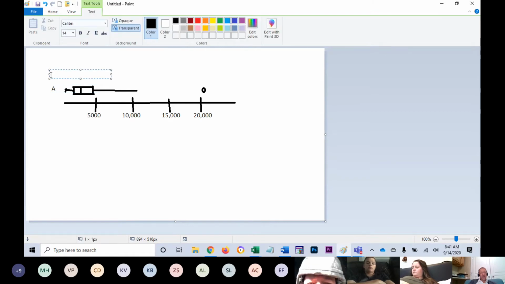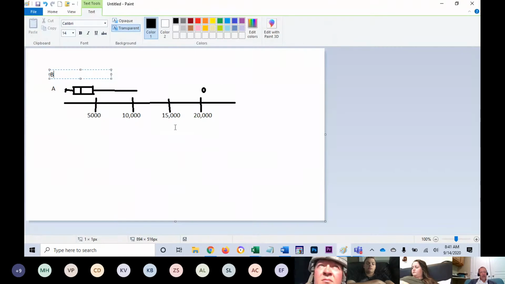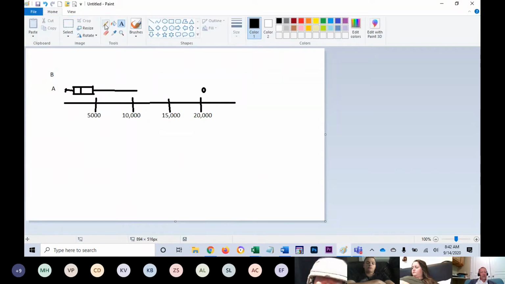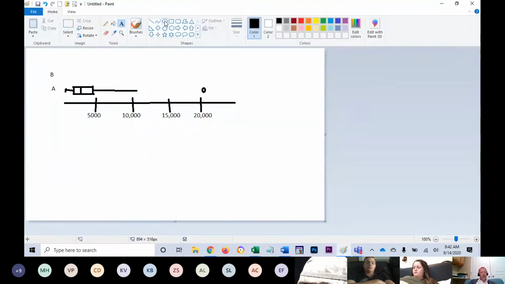Now, if I were to do this with method B, which is the computer, okay, basically, well, this is going to look slightly different. I'm still going to draw my interquartile range. So these are going to be so close to each other. I'm going to go ahead and draw my box right here.